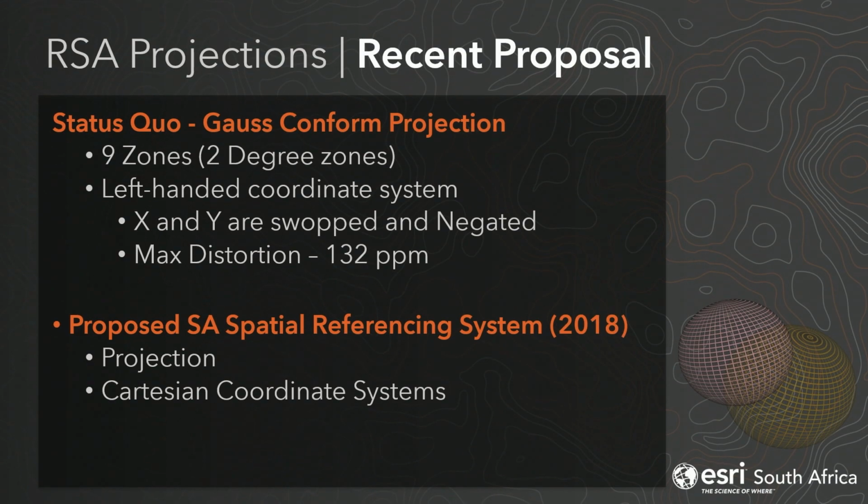And here the maximum distortion is about 132 parts per million. So it's a very accurate projection. And we started looking at different options. CDNGI led this initiative to find an alternative for this projection system. So both looking at a projection system and looking at, do we want to keep the negating and the swapping of the XYs, or do we want to leave them as they are?